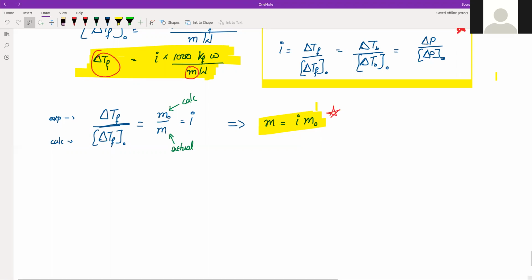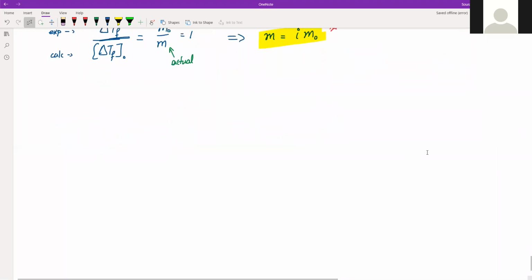i is simple. i is the actual number of particles divided by the number of particles for no ionization. Right. So next, before solving problems, we'll see the relation between van 't Hoff factor and degree of dissociation. And then we'll come back to this abnormal molecular mass.